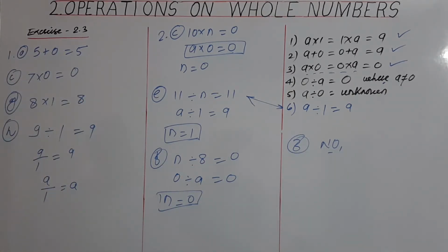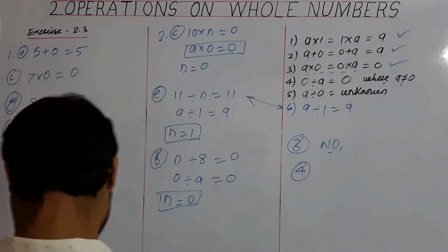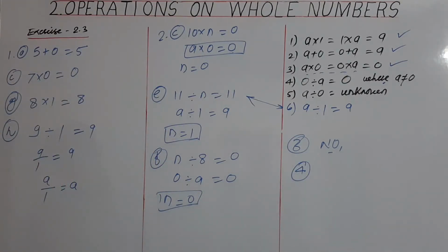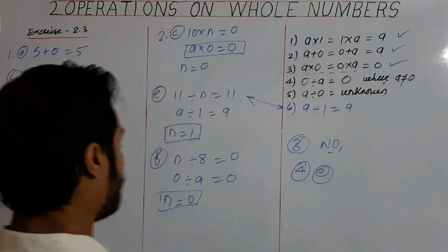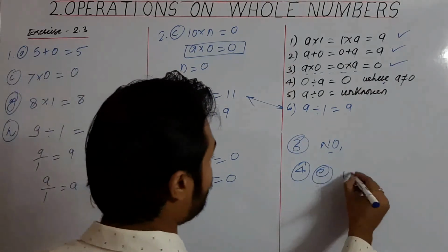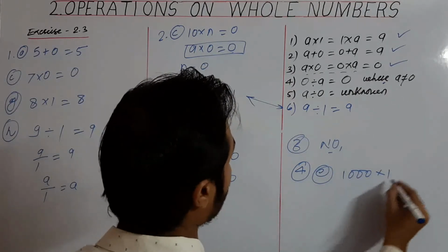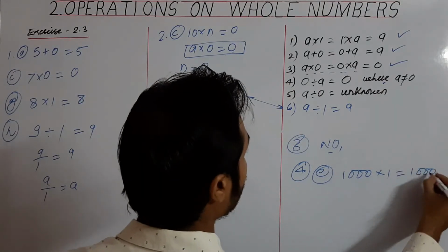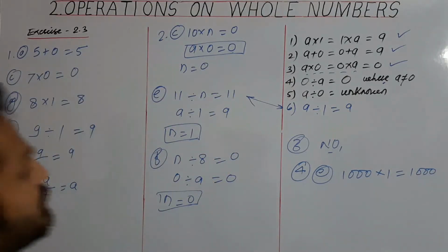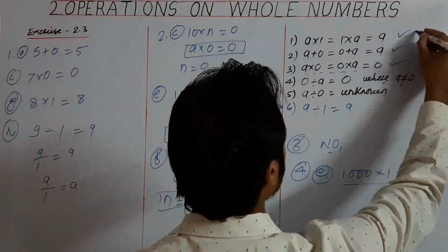Next problem, simplify. Solving part E. 1000 into 1 equals 1000. And this is similar to the first property.